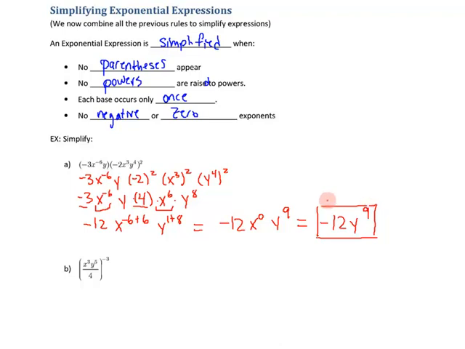Let's take a look at the next one. We have now a fraction, so I'm going to raise both the numerator and denominator to this power. I'll have x to the third, y to the fifth as the numerator, raised to the negative third, over 4 raised to the negative third.